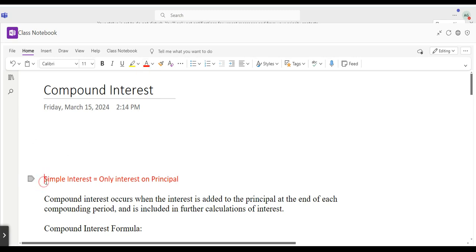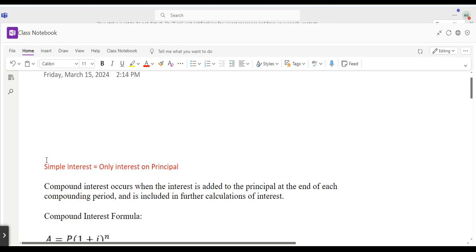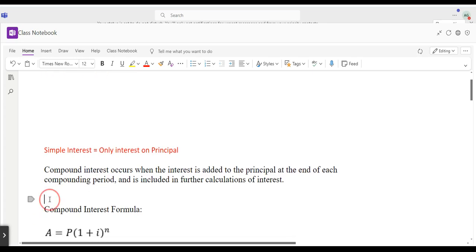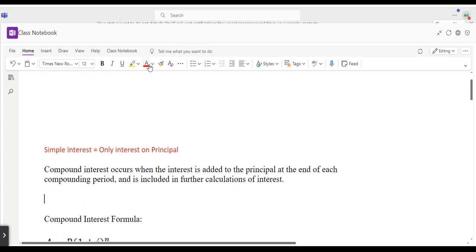However, and this is a large point, compound interest occurs when the interest is added to the principal at the end of each compounding period and is included in further calculations of interest. So compound interest means interest on both principal and interest.